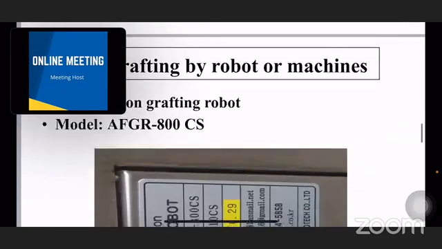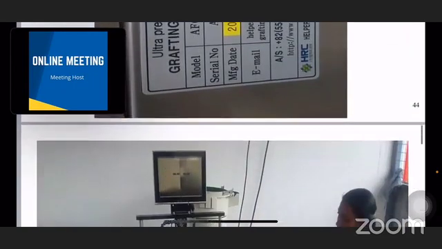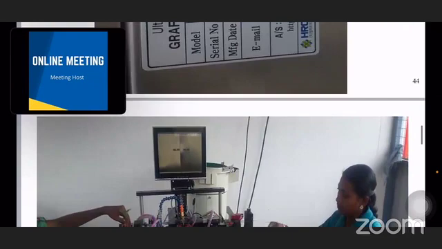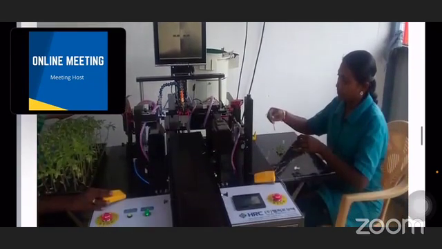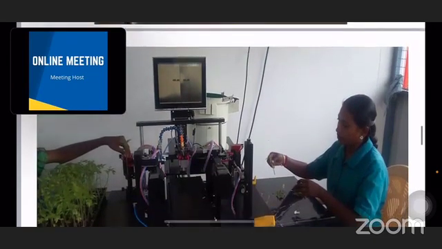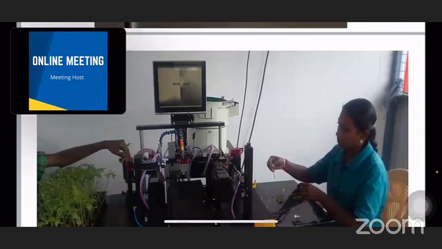This is an ultra precision grafting robot. This is usually not followed by our farmers, but it is followed in Tamil Nadu Agriculture University, where they are commercially using it. Here we can see on one side they are giving the scion, on the other side the rootstock.